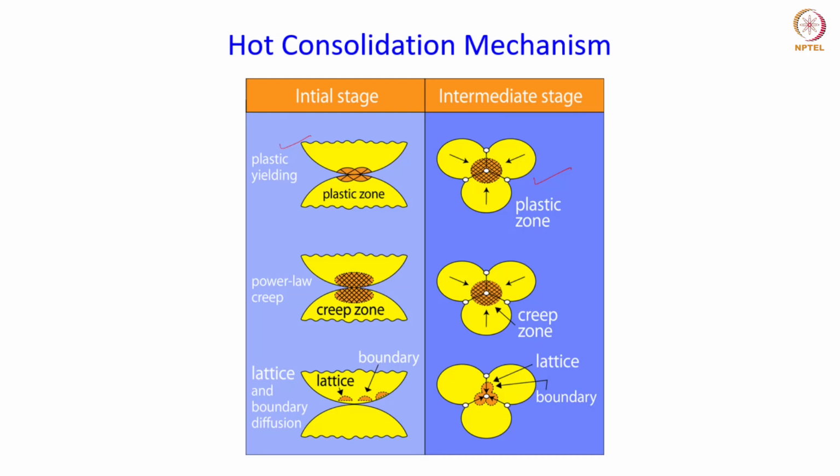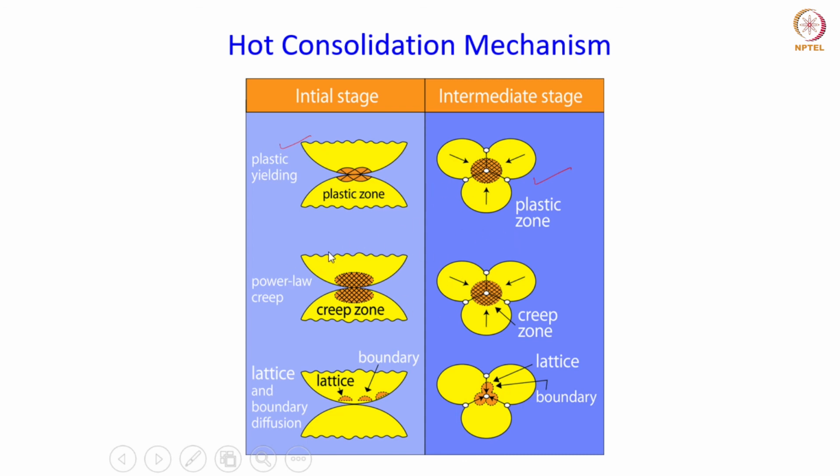we have started by looking at the hot consolidation mechanisms again through a diagram like this, and we have seen when the applied stress is high, the densification occurs by plastic flow when the applied stress exceeds the yield strength of the material.